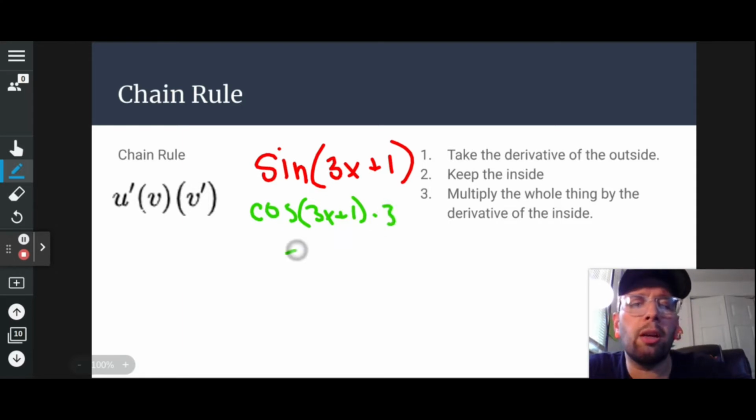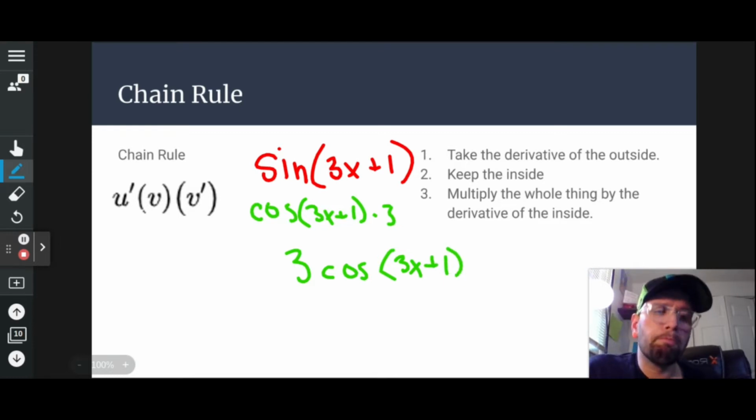So this would just end up being 3 cosine 3x plus 1. Okay? Take the derivative of the outside, keep the inside, multiply the whole thing by the derivative of the inside. So let's do some more.